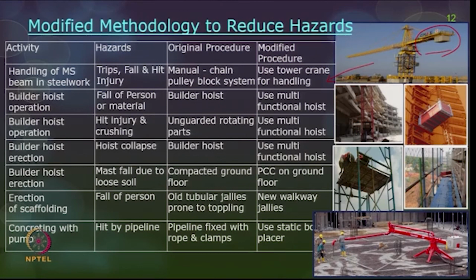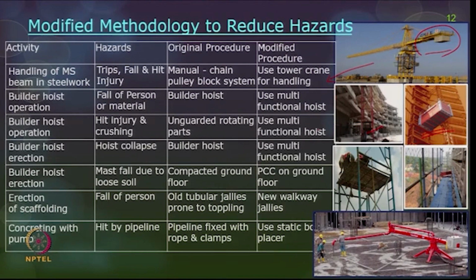Builder hoist operation, fall of person or material. This is a builder hoist. The original procedure was handling of materials with the builder hoist. Then the modified procedure was to use a multifunctional hoist, which is shown here. Builder hoist operation again, hit, injury and crushing, from unguarded rotating parts.